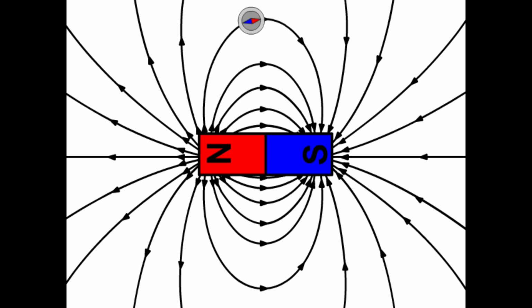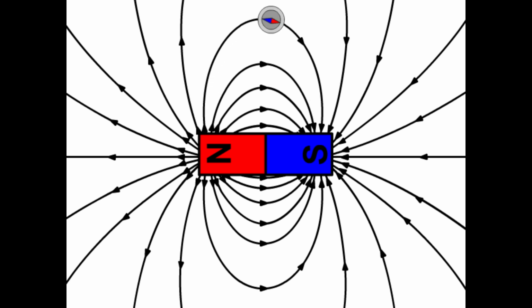Magnetic measurement. The terms used to measure the strength of the magnetic field are determined by the system that is being used. There are three different systems used to measure magnetism: the English system, the CGS system, and the MKS system. Let's go to the English system first.